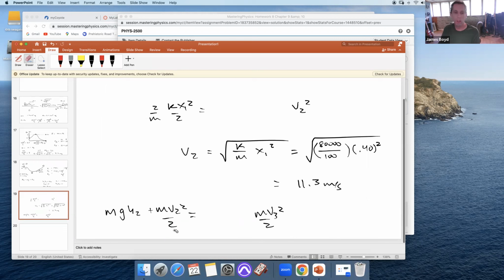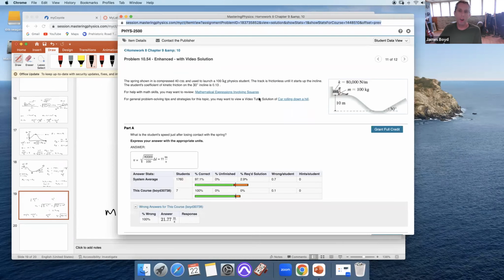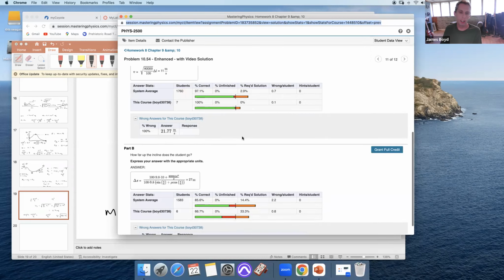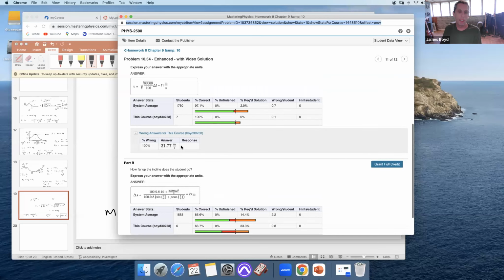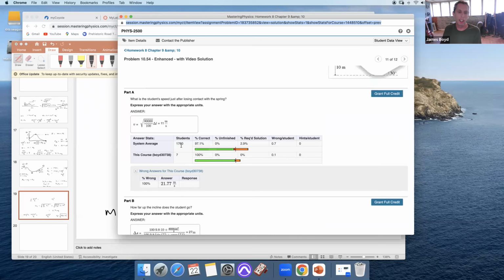We could find that pretty easily. It would turn out that v3 would be the square root of 2gh2 plus v2 squared. But we're not asked for that. What we are asked to do is find how far up the incline the student goes.